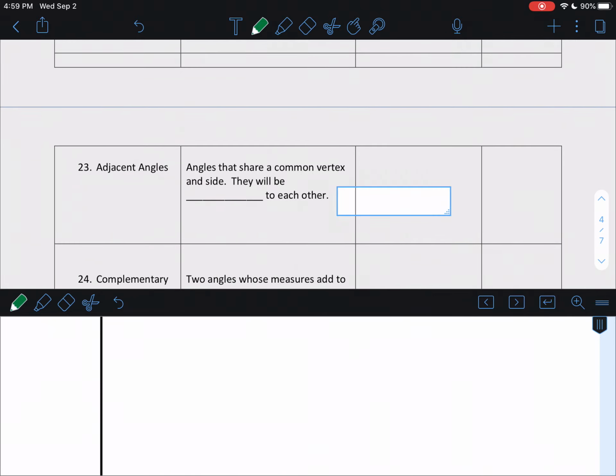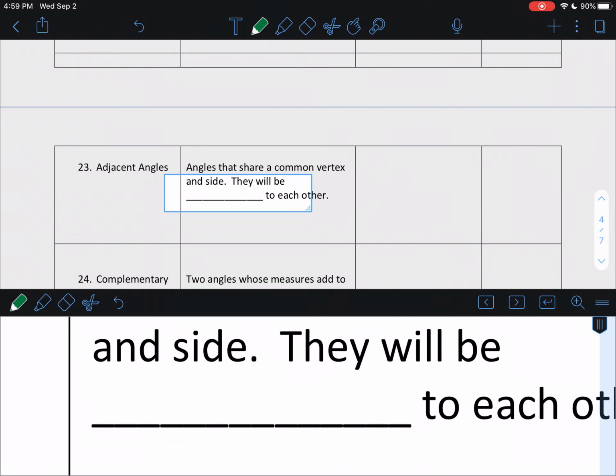Now let's go on to adjacent angles. So adjacent angles are angles that share a common vertex and side, meaning that if one side of the angle is the same as one side of another angle, then they are next to each other.